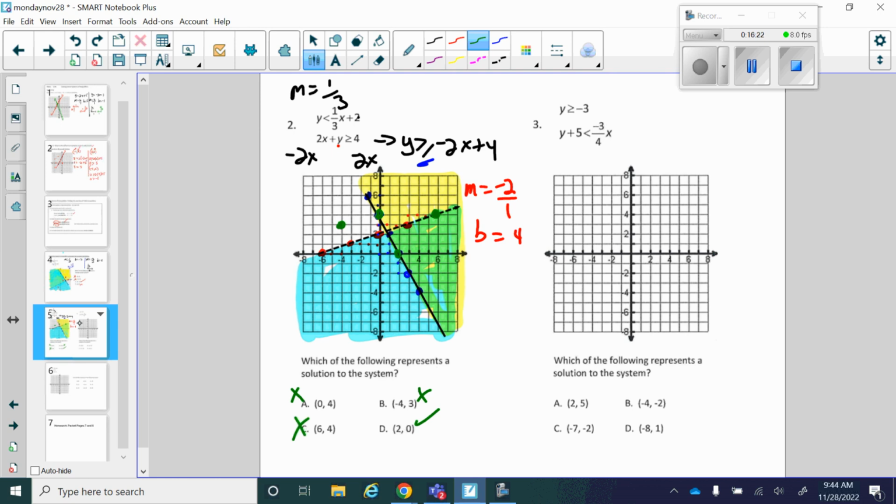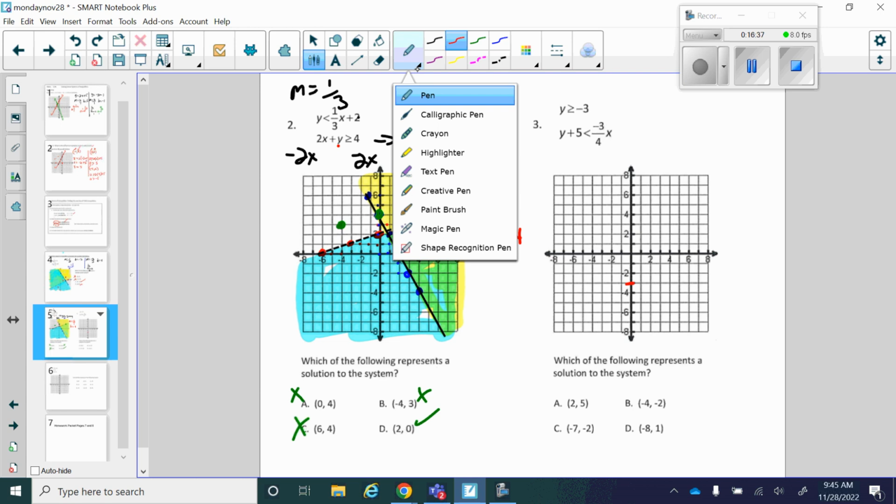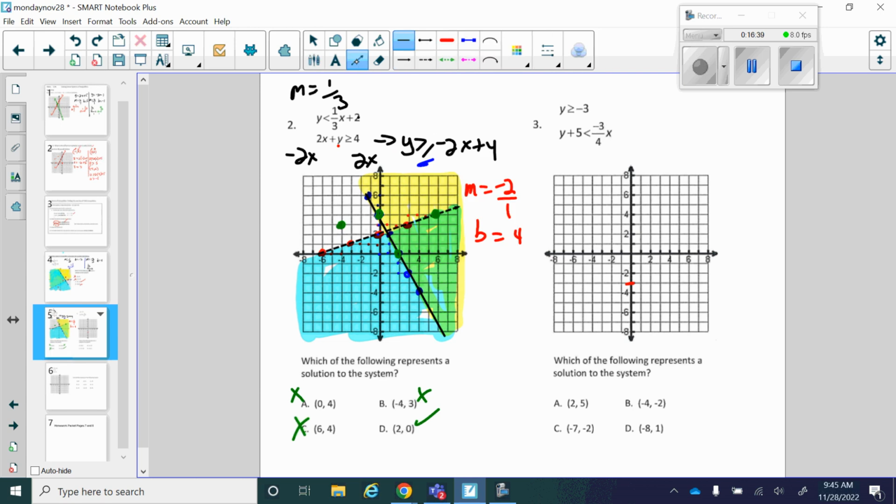If you remember, that's just a line that crosses the y-axis at negative 3. So here's negative 3 right here on the y-axis. It's going to be a solid line that looks like this. y equals negative 3.